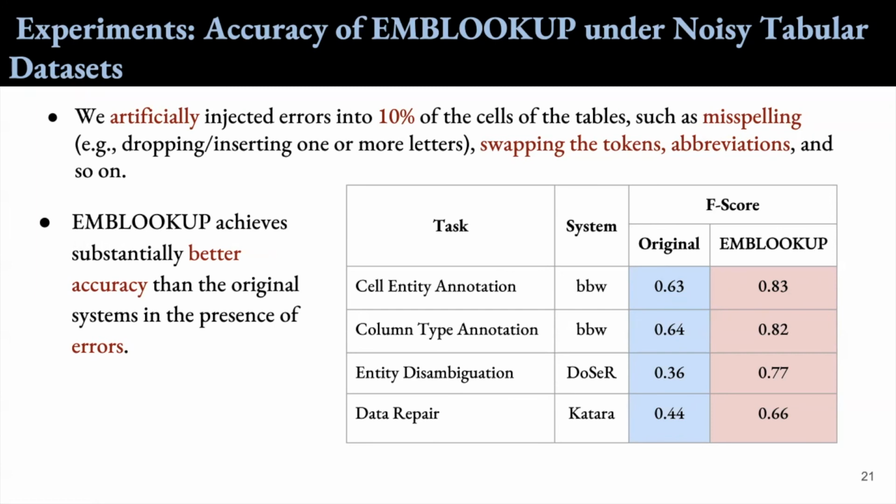We introduce errors into 10% of the cells by dropping or inserting some letters, transposing some letters, swapping tokens, and so on. The performance of all the systems with the original lookup function has dropped, as we can see in the blue column. However, mLookup shows substantially better accuracy than these systems, especially in the presence of errors.